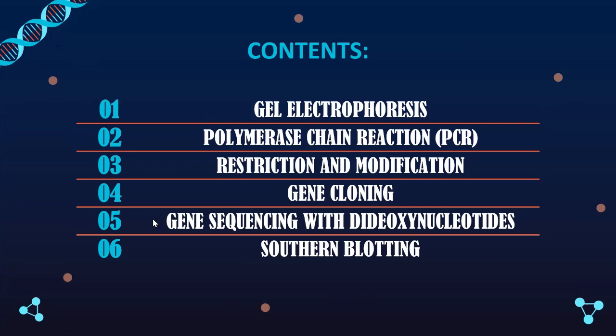When we use cloning, it also involves restriction enzymes, and at the same time sequencing to confirm if the DNA is inserted or not. And for Southern blotting, we can utilize amplified or cloned DNA to detect and visualize specific sequences in complex samples.